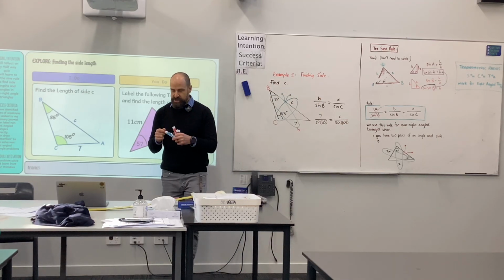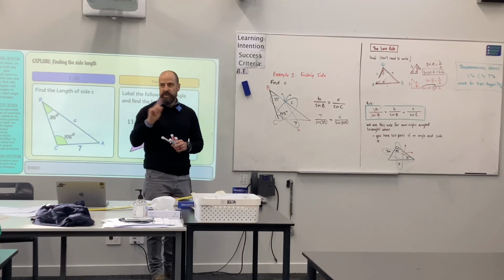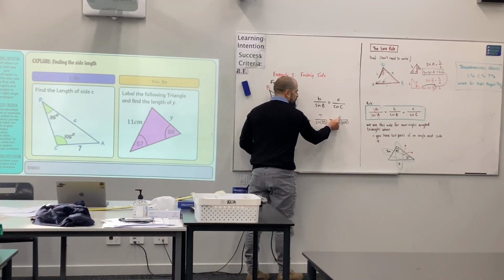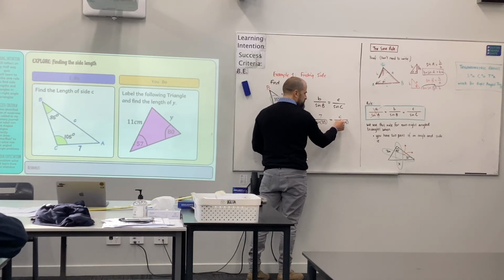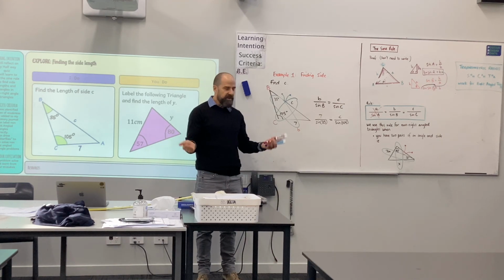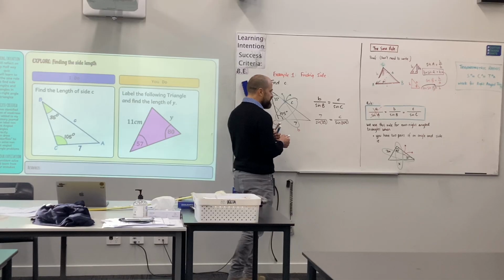So once we substitute, we should only have one unknown. That's the thing that we're trying to find. I want to find out what c is. So I have to undo divide by sine 105. What's the opposite of dividing by sine 105 degrees? Multiplying by sine of 105 degrees.